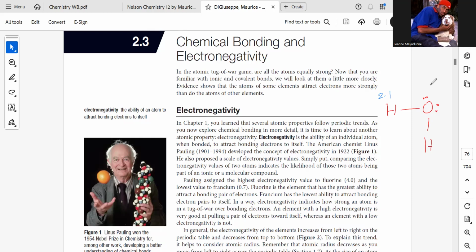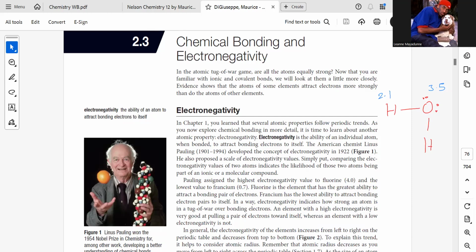Where can you find the electronegativity of oxygen? Let me see the periodic table, because mine only shows the atomic mass, element name, atomic symbol, ionic charge, and atomic number.